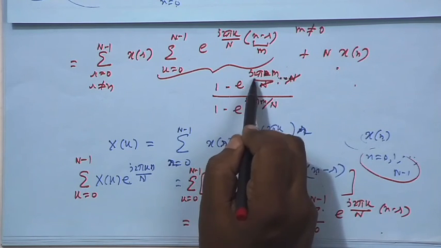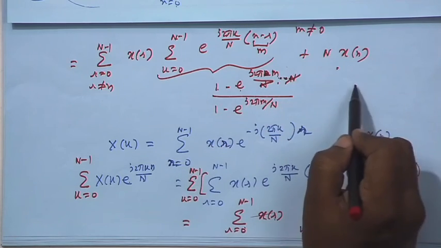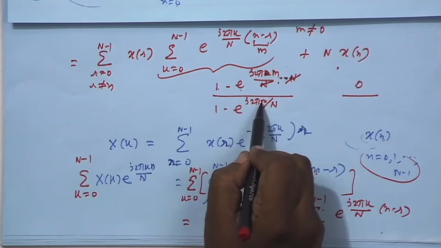So, e to the power j 2 pi into an integer is 1, and 1 minus 1 is 0. So, the numerator is 0.